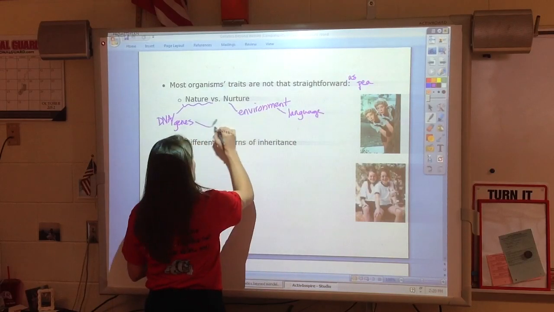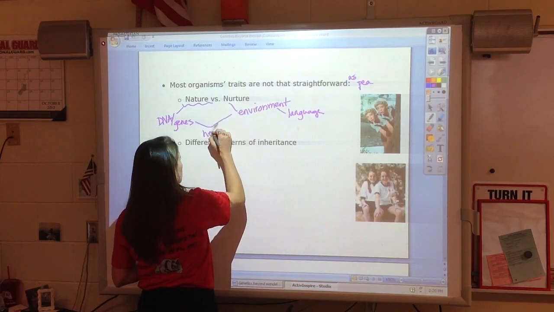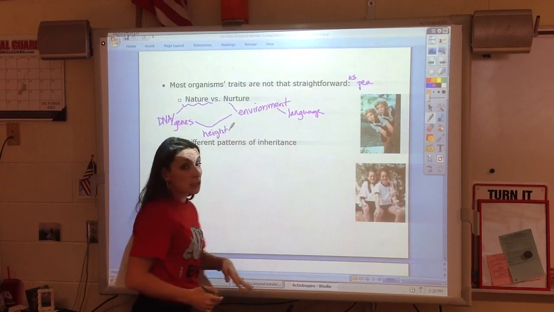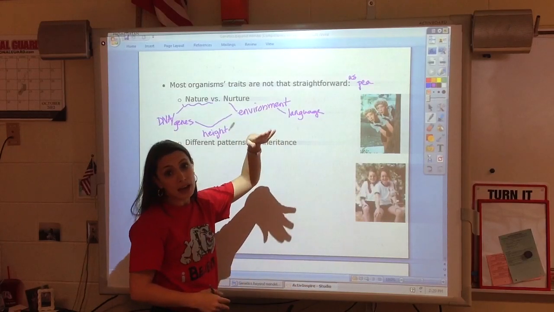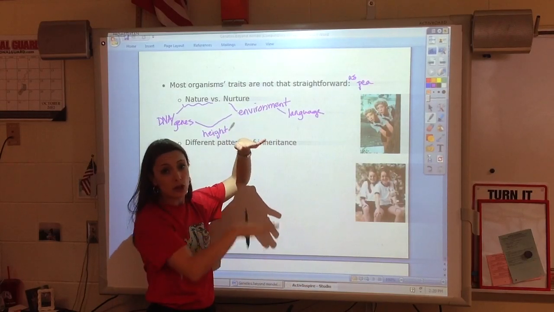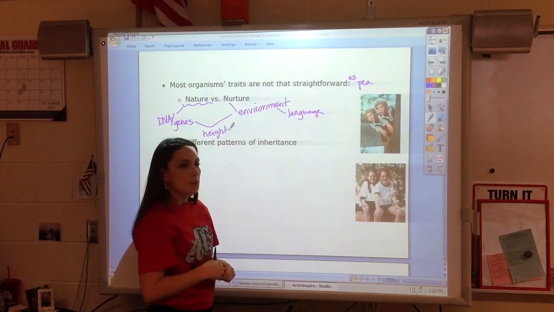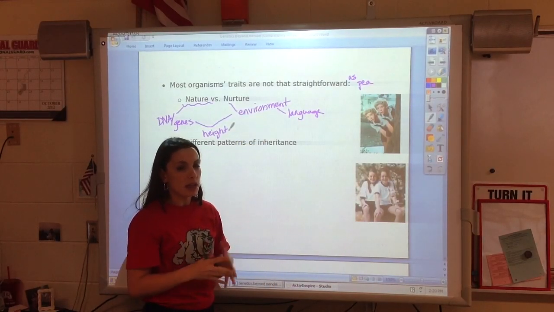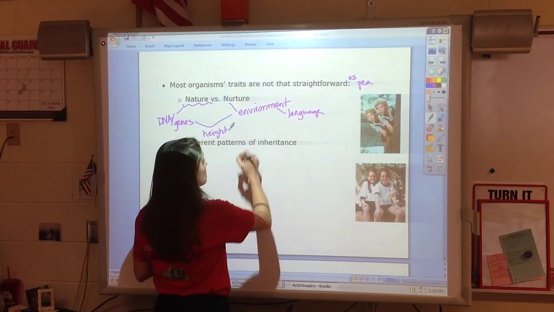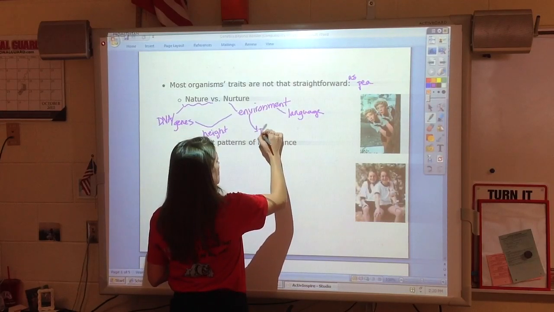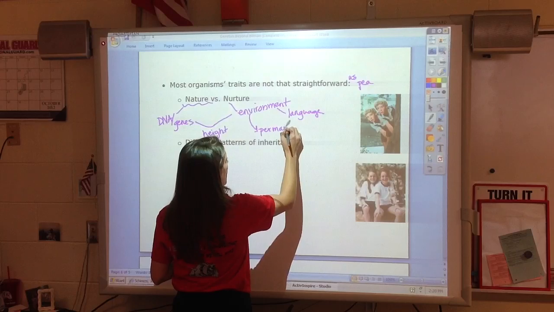We have some traits that are a combination, like your height. So your genes will determine your maximum height, but your nutrition determines whether you meet that maximum, same with your weight. But there's a really interesting phenomenon that's been discovered where sometimes your environment can permanently impact your genes.